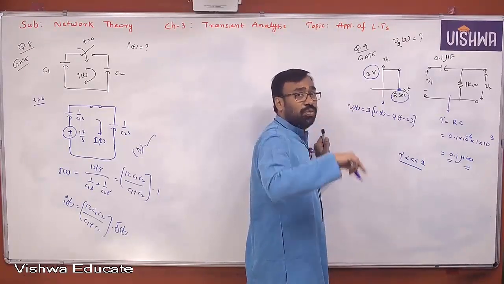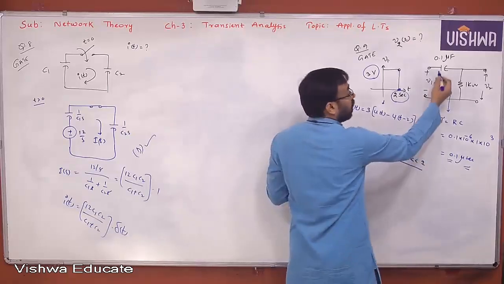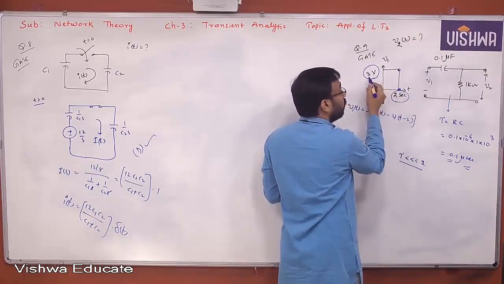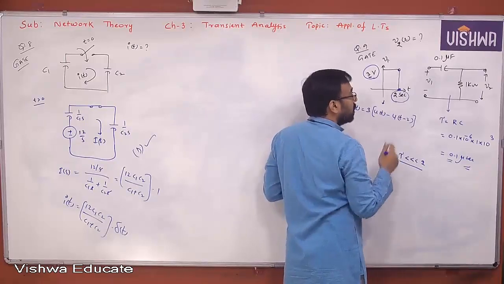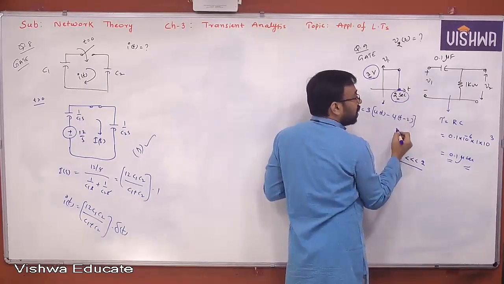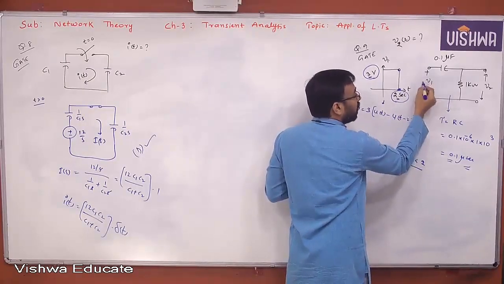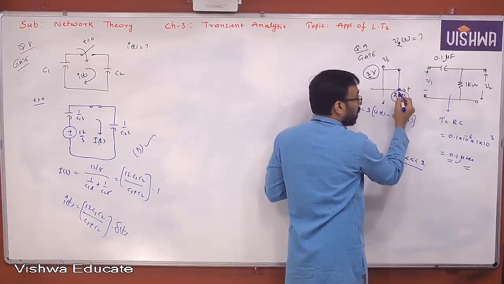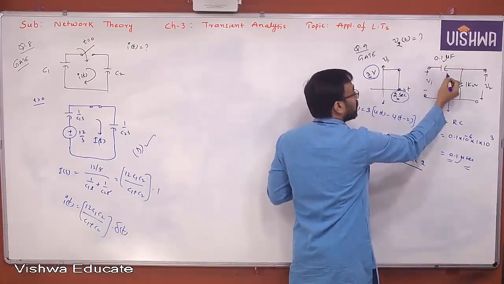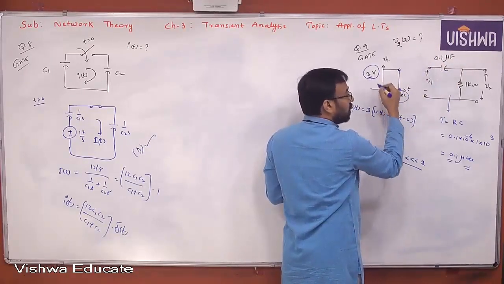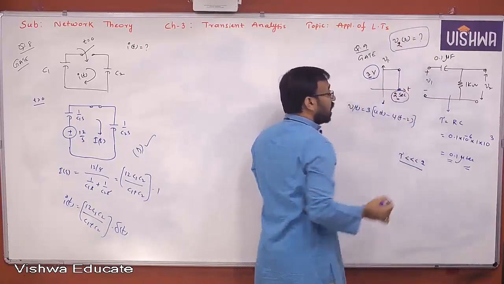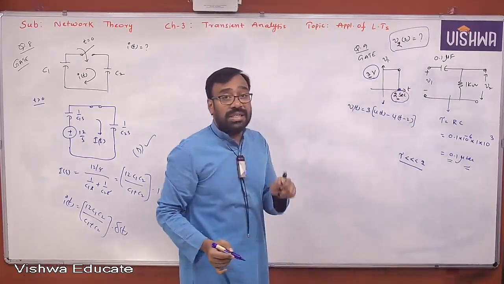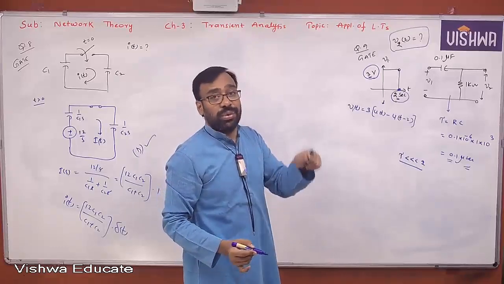Then at time 2, what will happen? The capacitor would have definitely got charged to what? The full value, that is 3 volts. Now I understand that at 2 seconds, I know the value of V1, that is coming down to 0. I know the voltage across the capacitor, that is charged to 3 volts. That means at time t equal to 2, I can comfortably construct the equivalent circuit.